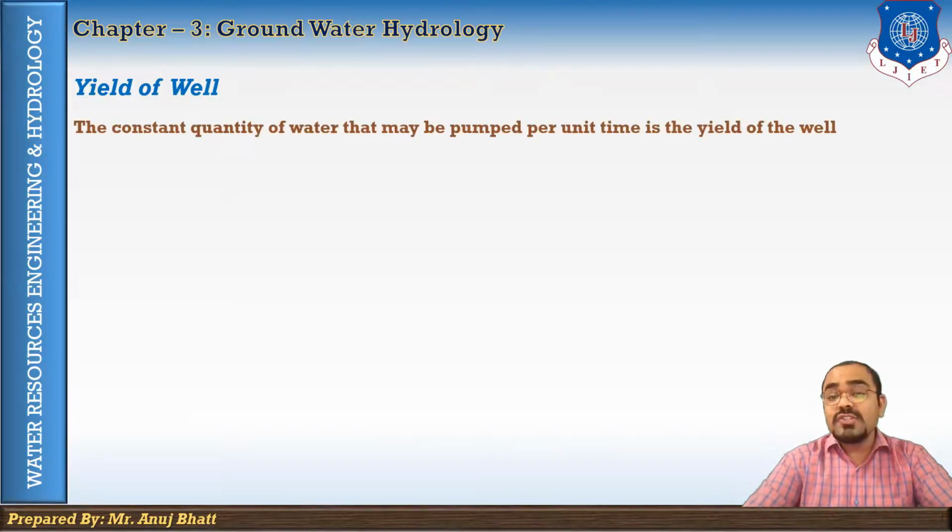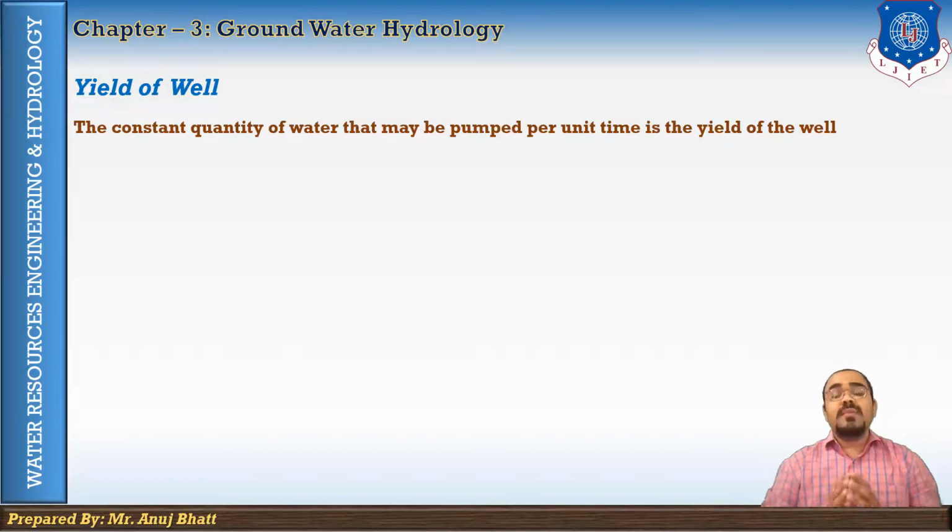The constant quantity of water that may be pumped per unit time is known as the yield of the well. When the pumping is started from a well, the water level in the well goes on receding. This is known as the drawdown, or we can say the depression head.